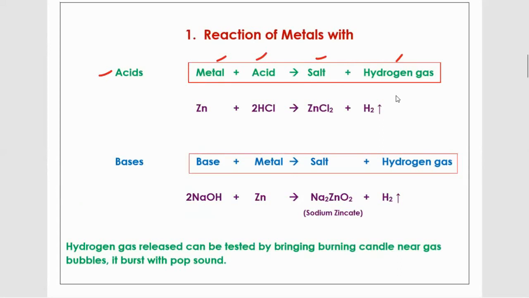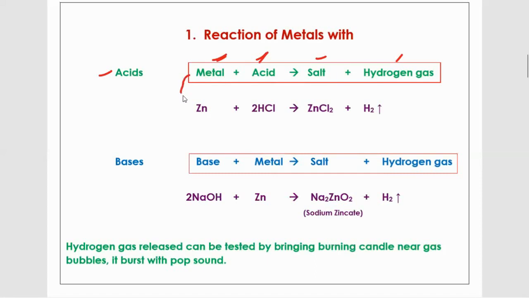Here you can observe near the reactants, metal is one of the reactants and acid is another. When metal and acid combine together, they give two products. The first one is salt, the second one is hydrogen gas. Whatever metal you want, you can take it.